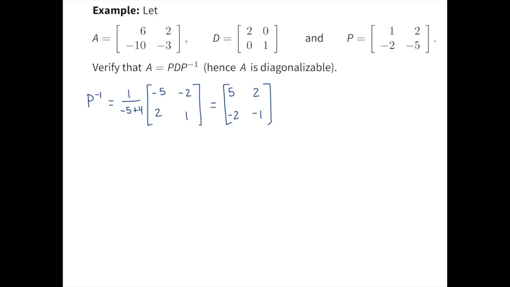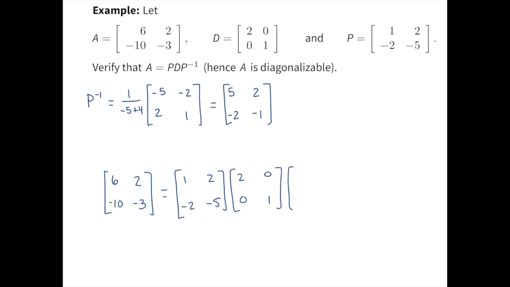So now, in order to check that indeed A is diagonalizable, we're going to take the matrix A, and check that when we multiply P, so this is 1, 2, -2, -5, times D, 2, 0, 0, 1, times P inverse, it gives us what we want it to give us.